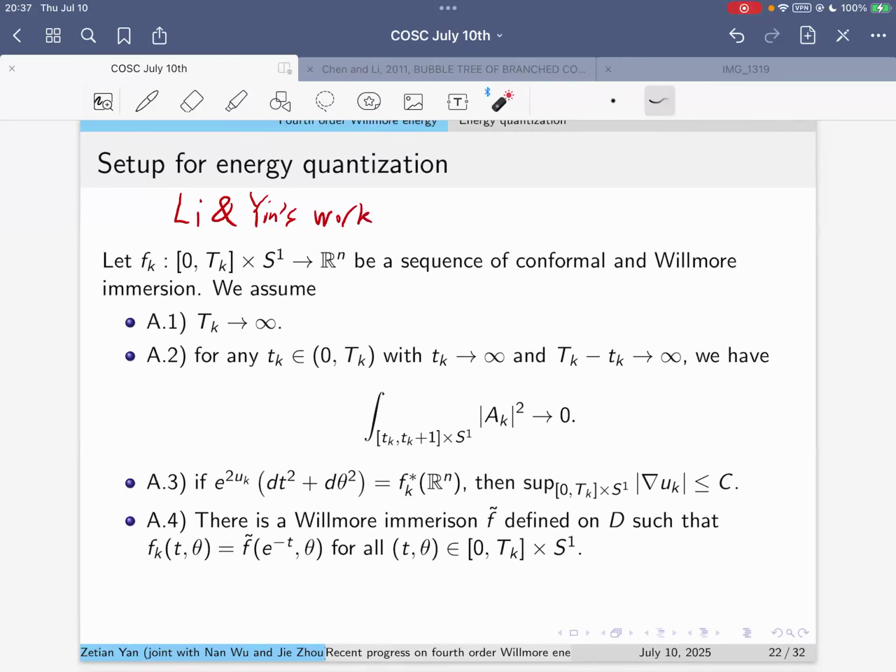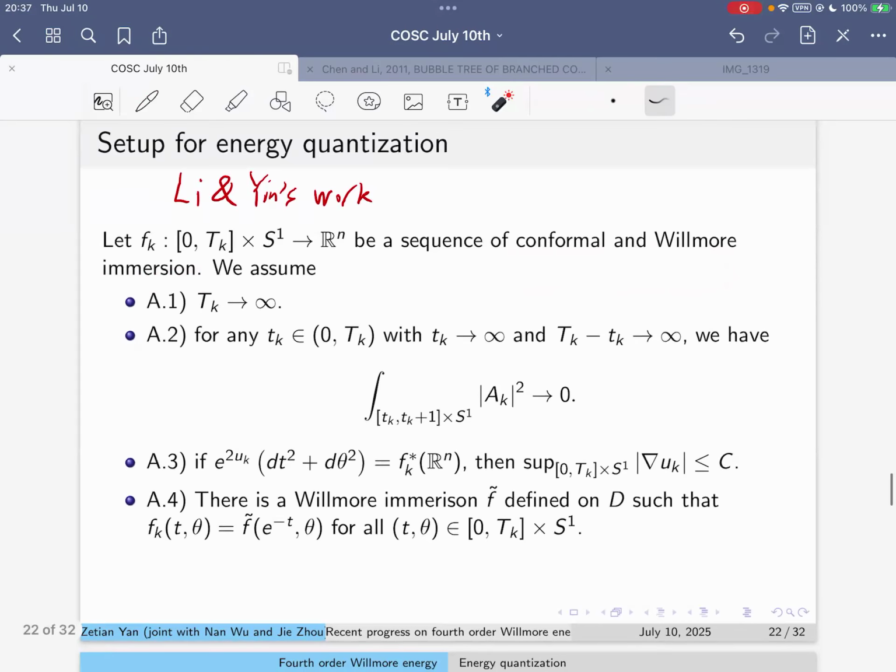So in their setting, we can consider a sequence of conformal Willmore immersions. And there are 4 assumptions. So the first assumption says that the cylinder will become a long cylinder. Next, the second assumption says that if you consider the unit interval, but you can translate it to infinity, the energy concentrated in this unit interval converges to 0.